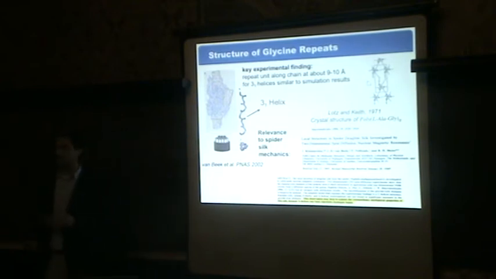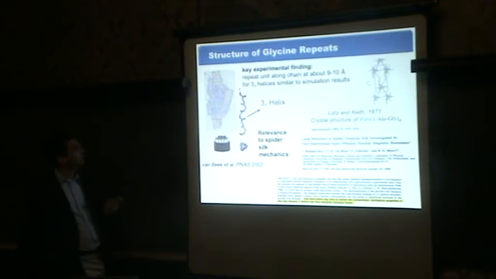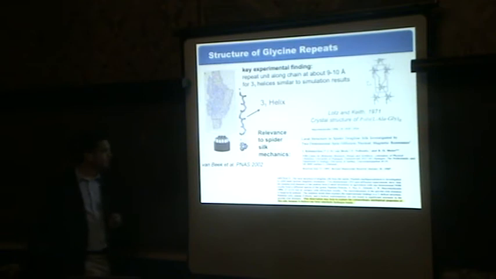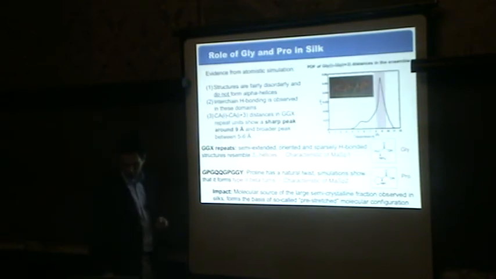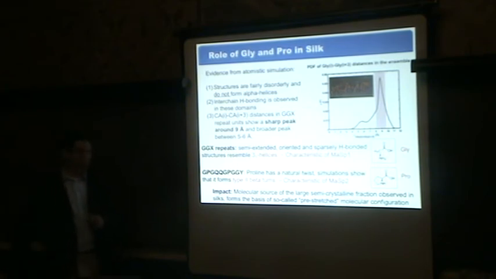Experimental findings tell us that in the case of glycine, we have basically a repeat unit along the chain, which is 9 to 10 angstroms for 3,1 helices, which have been proposed for some of these structures. And there's some relevance of this with respect to the mechanics, which I will discuss next.